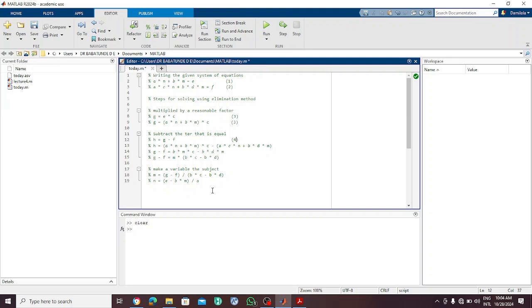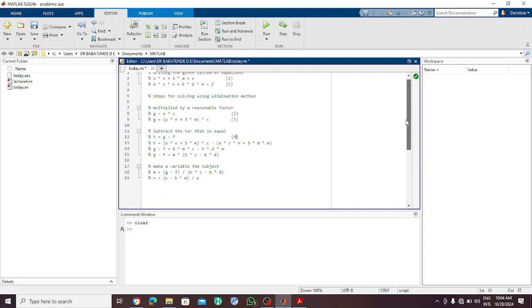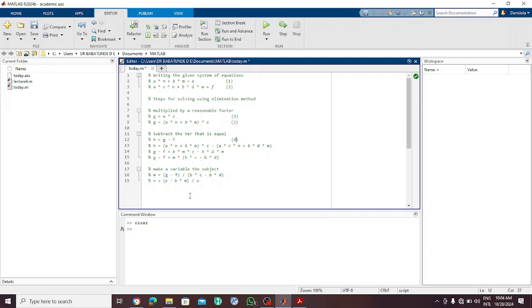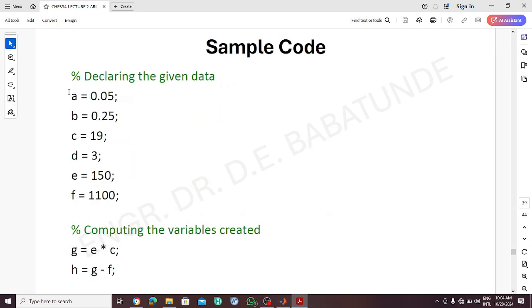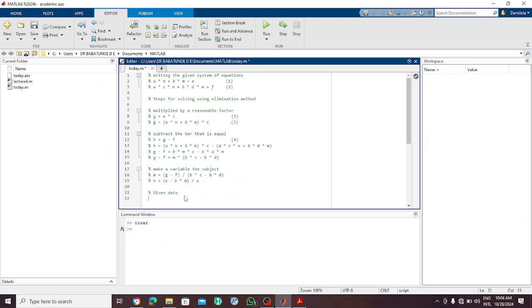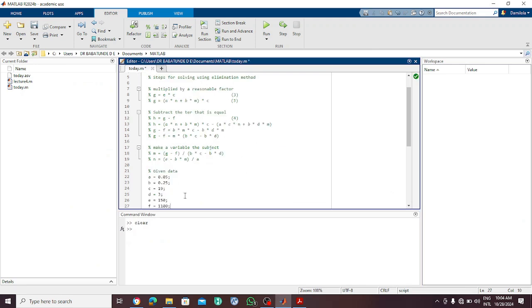So now that we have that, let us state the given variables, the given data. What are the given variables? Our given data is A, B, C, D, E, F. So now I don't have to put this in comments because they are now actual values.